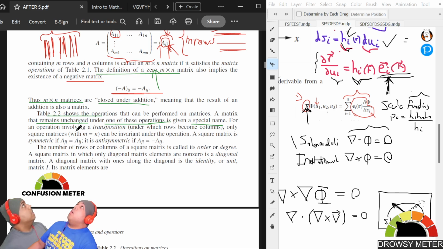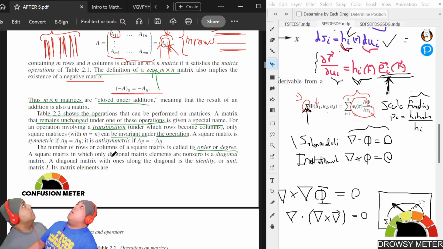For an operation involving a transposition, under which rows become columns, only square matrices with m equal n can be invariant under the operation. A square matrix is symmetric if Aji equals Aij. It is antisymmetric if Aji equals negative Aij. The number of rows or columns of a square matrix is called its order or degree.